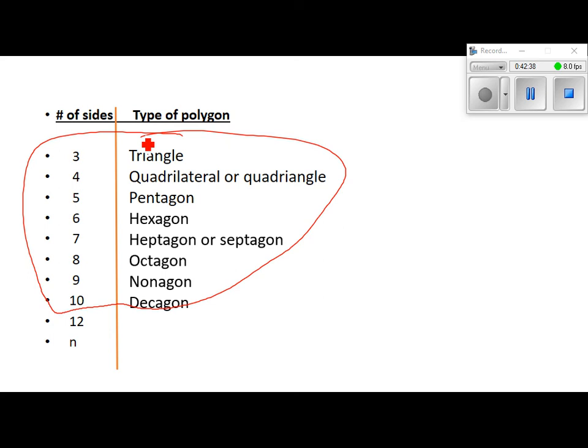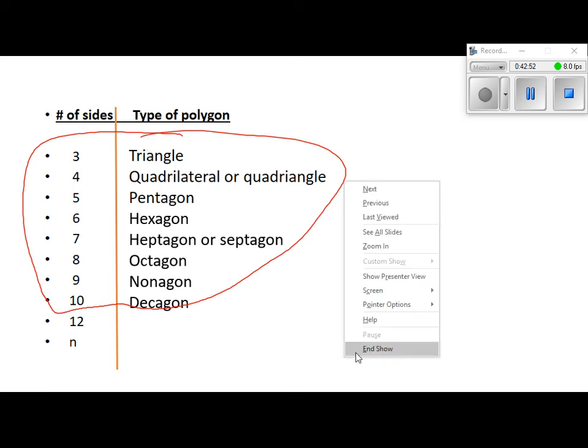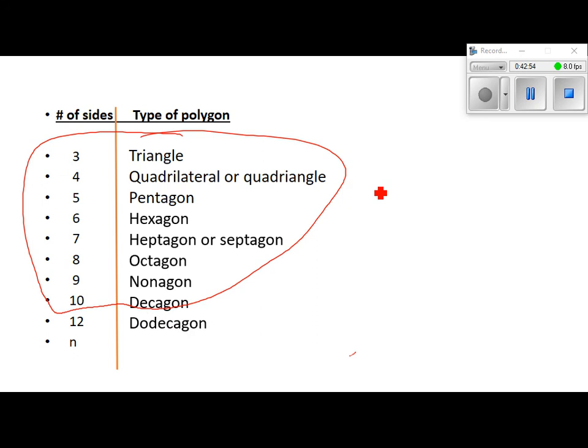What's the prefix for 2? Do. Put those two together along with agon, and it's a dodecagon. Could we do the same thing for all the others? Yeah, but we don't want to. So down here at the bottom, if it's got n sides, however many sides, make up something for me.